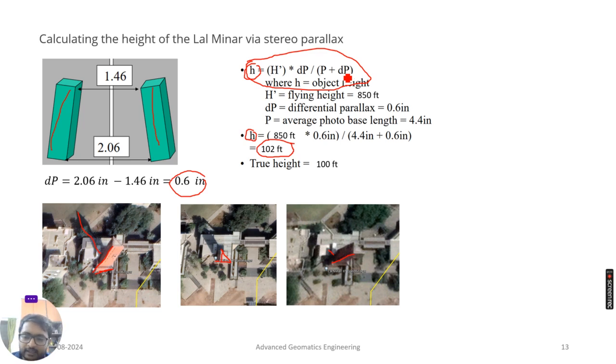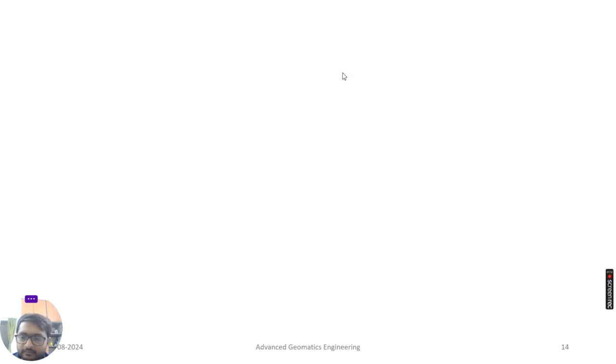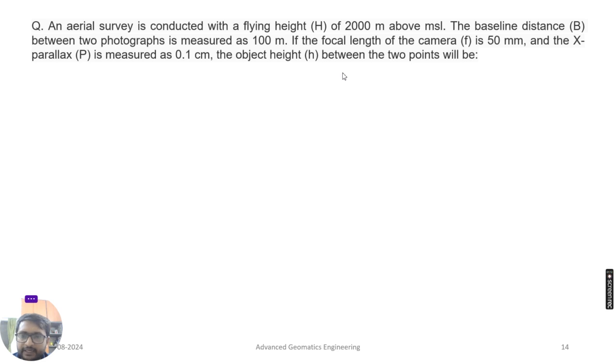The one which we discussed earlier in this class uses the relief distance, and the second one uses the parallax. This parallax method is more accurate than the radial relief displacement method. So like that we can find out the height of the object.